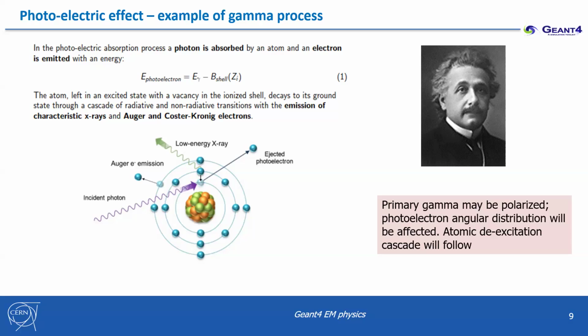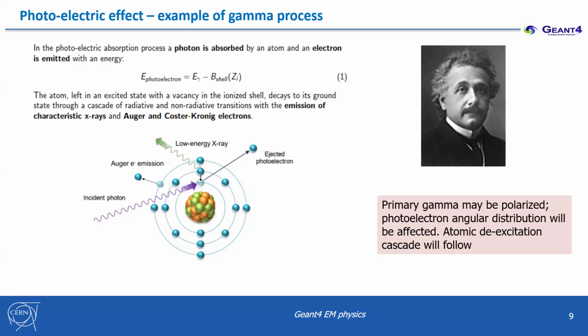At the same time, shell becomes with one vacancy. So after emission of photoelectric electron, there is atomic relaxation process, and extra low energy X-rays may be emitted. Or alternatively, Auger electrons may be emitted from electron shell.